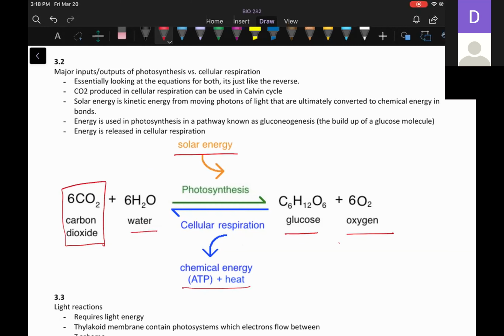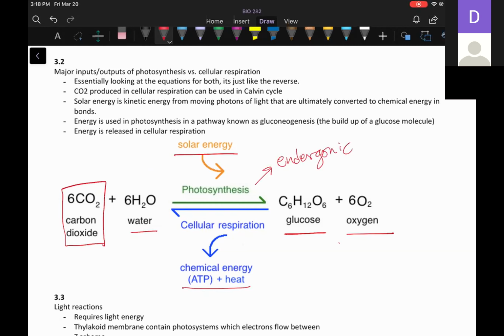Essentially, in photosynthesis, we're going to be making glucose. So from carbon dioxide to glucose, we're building up a bigger molecule. And what we learned before is that if we're building something up, it's an anabolic reaction. So we can say that the overall process of photosynthesis is endergonic.